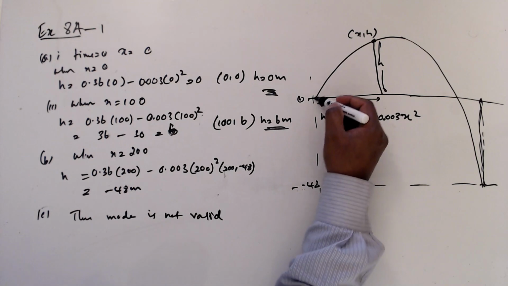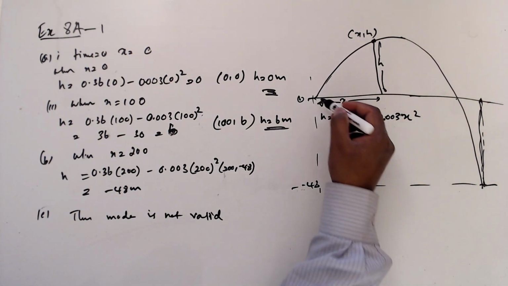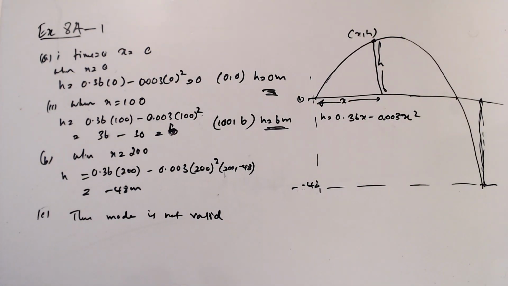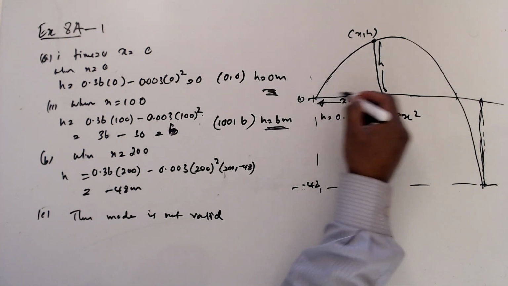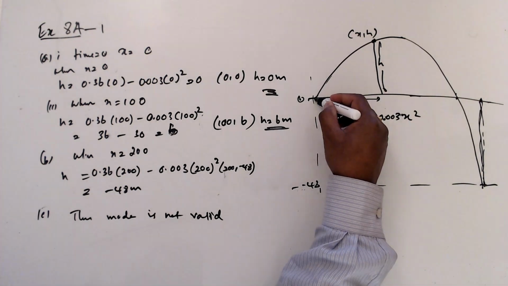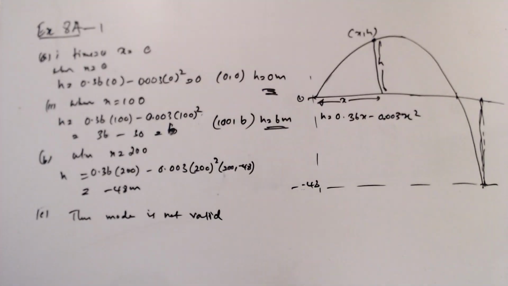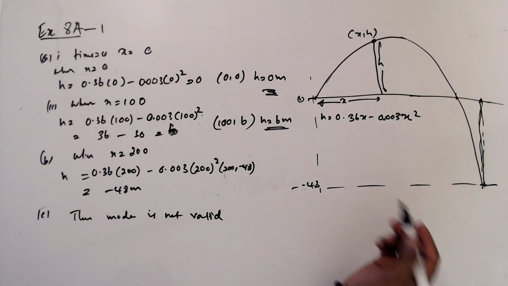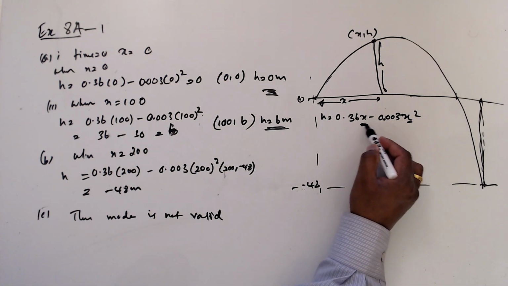The model is only from here to here, because we try to present the actual scenario. So the model has to be focused on the actual scenario. We have to give the prediction, the distance range in here.